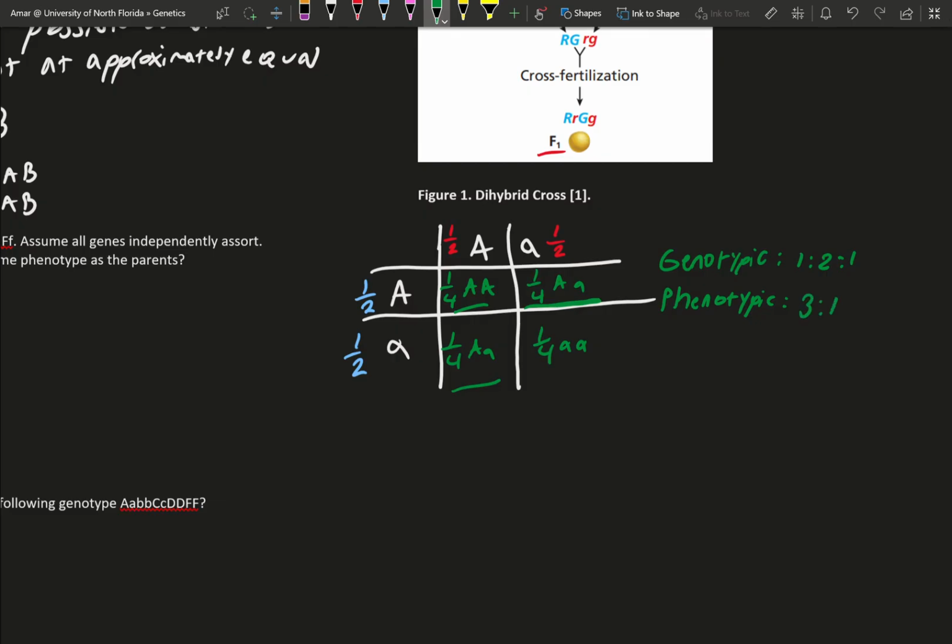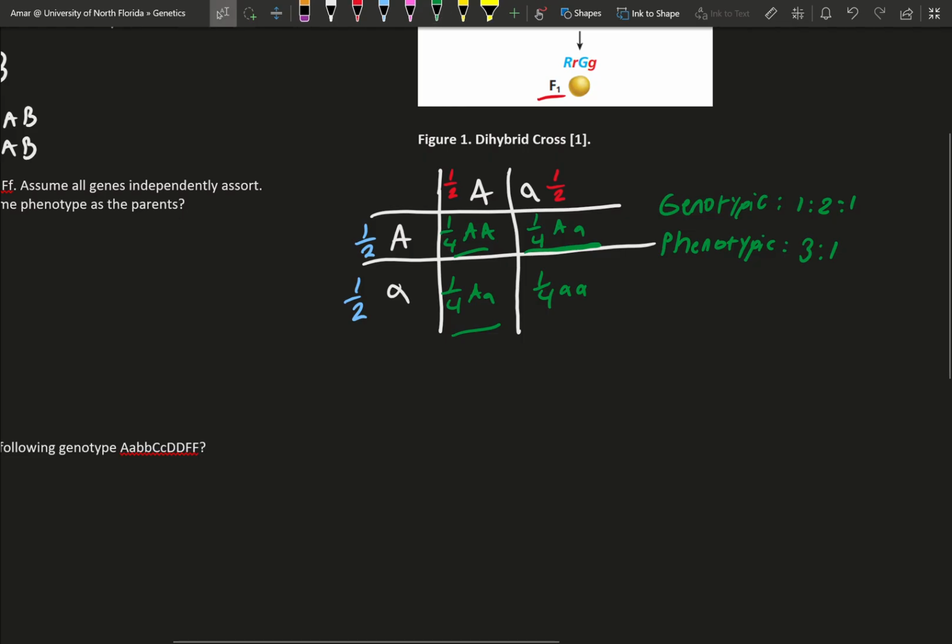This is essentially what we're going to be doing in a cross as well. So let's say we have a situation where we have big A, little a, big B, little b, crossed with big A, little a, big B, little b.